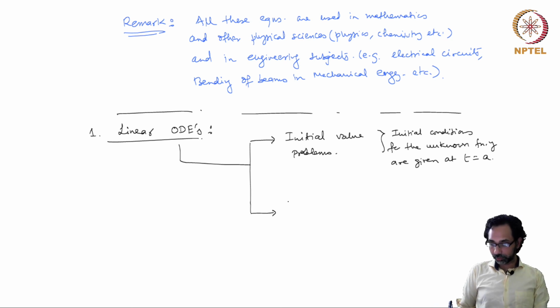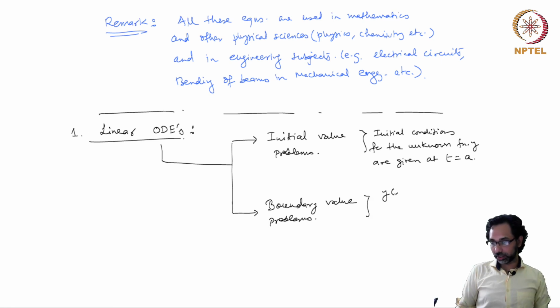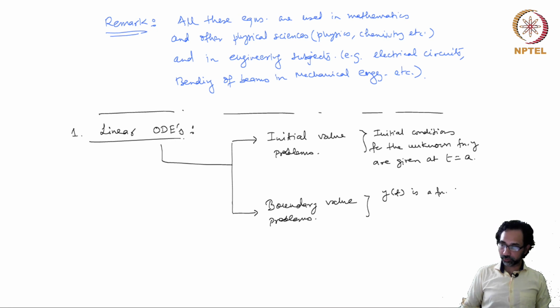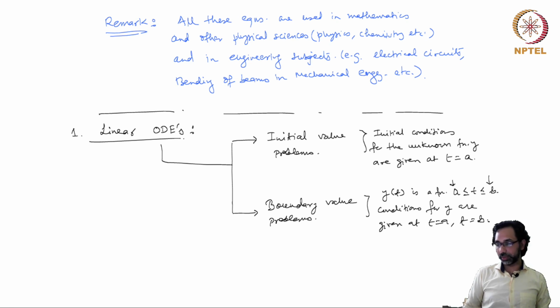Then you can have boundary value problems, where y(t) is a function which can be thought of for values of t that lie between two points a and b, and these are the boundary for the domain of y, and conditions for y are given at t equal to a and t equal to b.